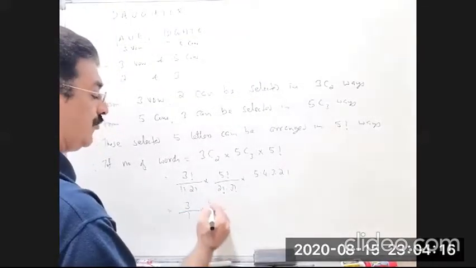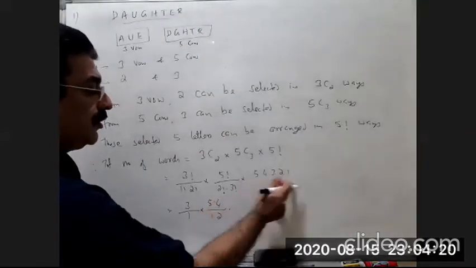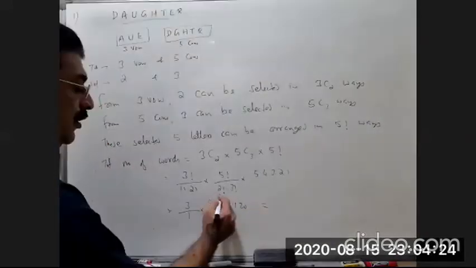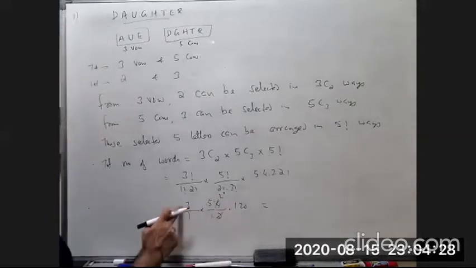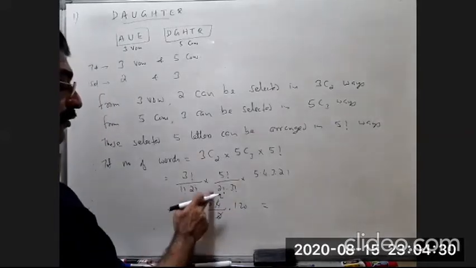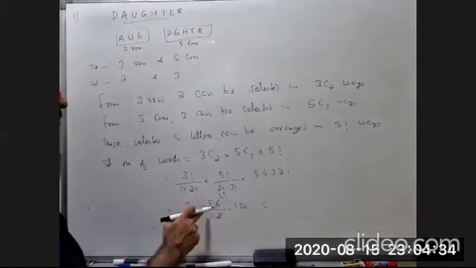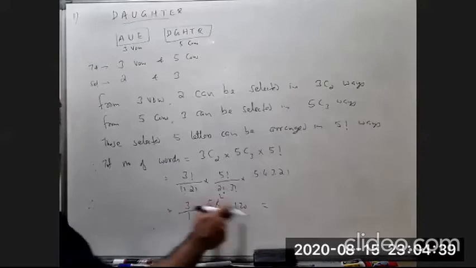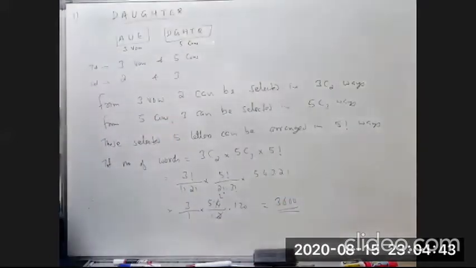So starting from 5, 5 into 4. This is 120. So 3 into 10 is 30, 30 into 120 is 3,600.